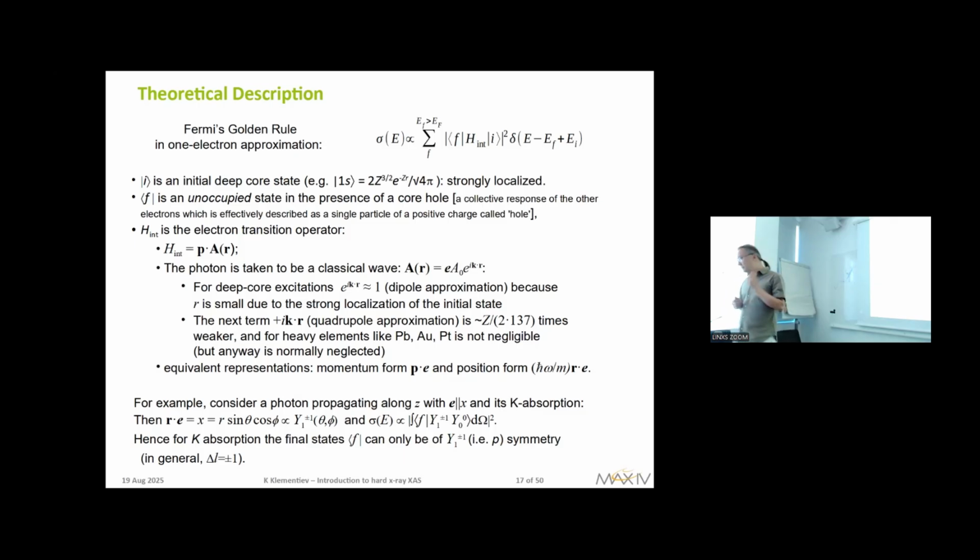Because of this, the final state and the initial state differ by orbital momentum 1. Otherwise, the integral is 0. You've probably heard about these dipole selection rules from quantum mechanics, which state that a transition is possible with delta L, the orbital momentum quantum number, equal to ±1.